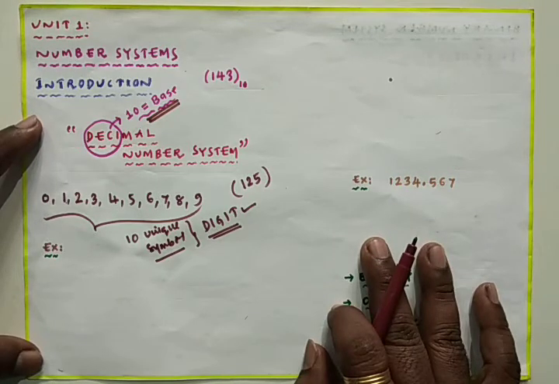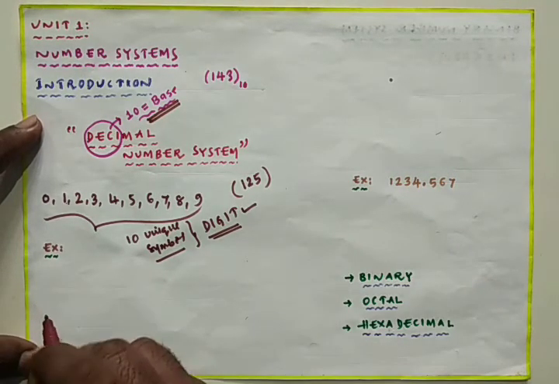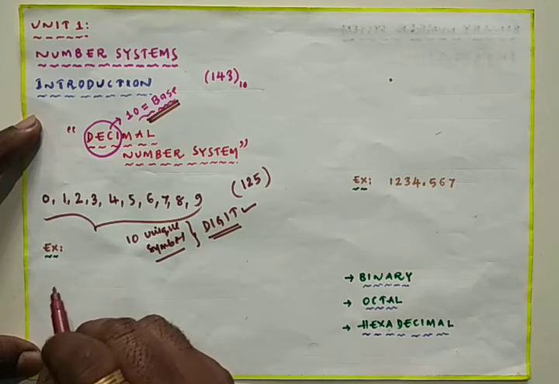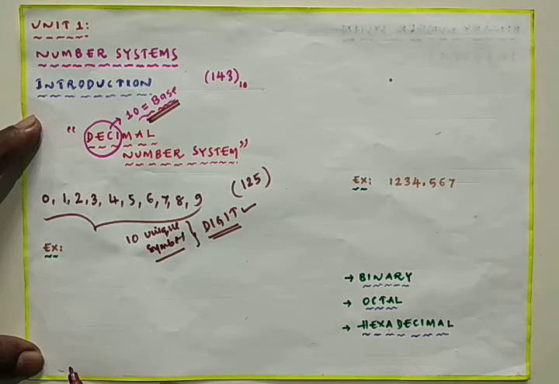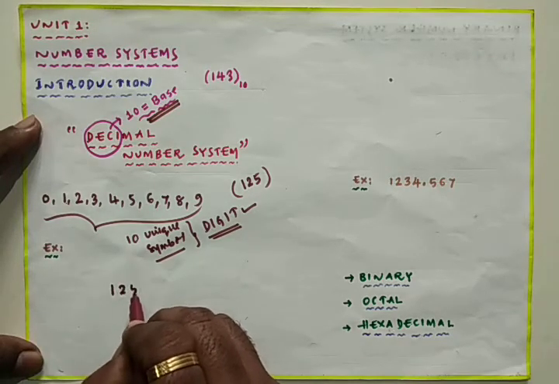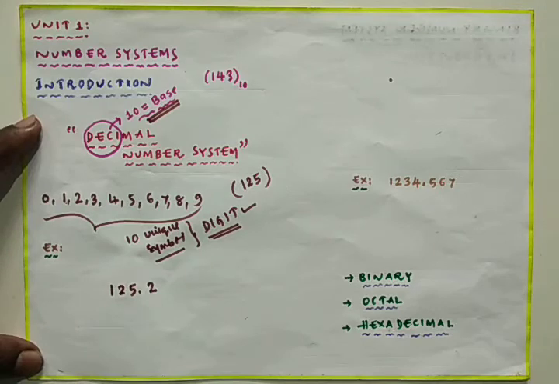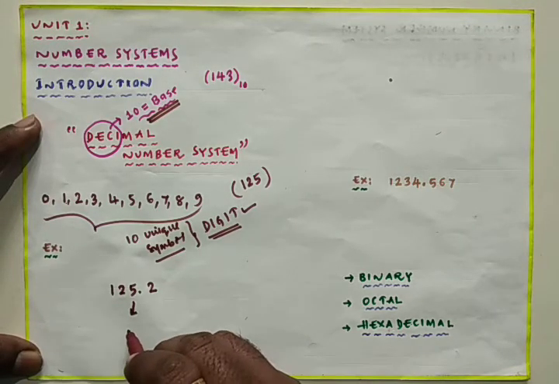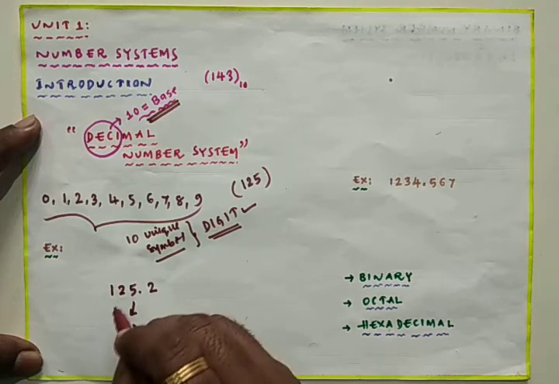The decimal number system is a positional weight number system. For example, take 125.2. Here, the first digit is units, that is 10 power of 0, which is 1.